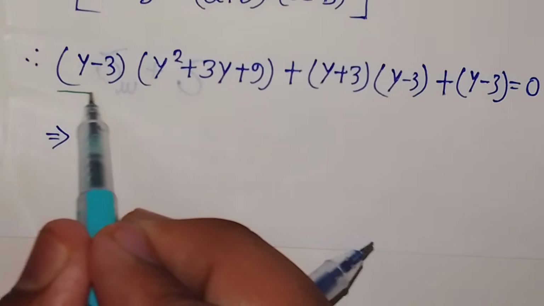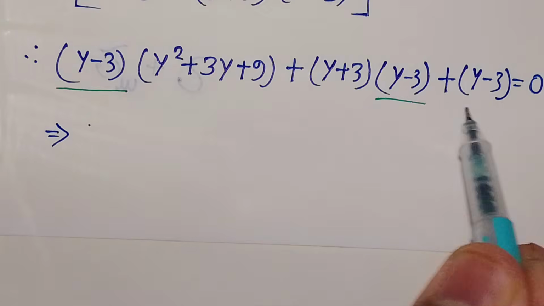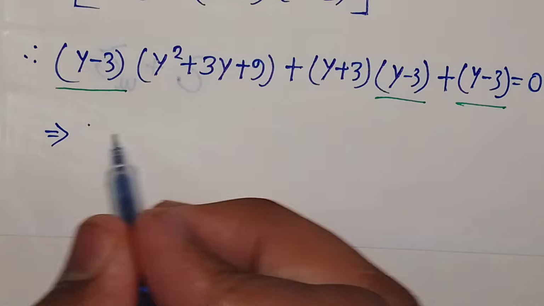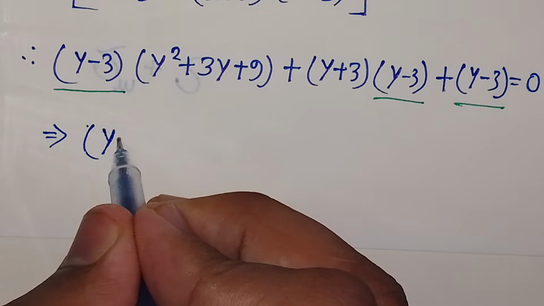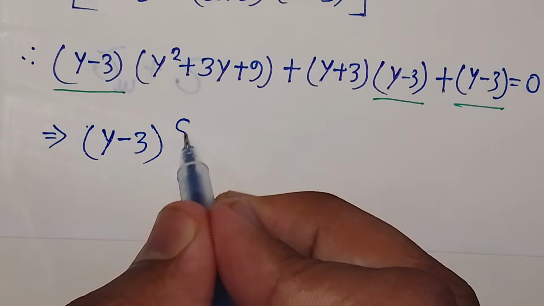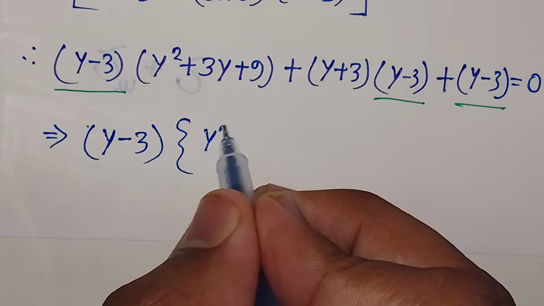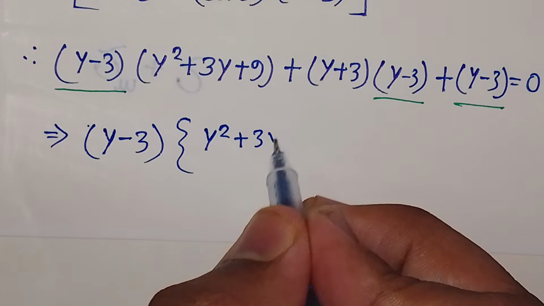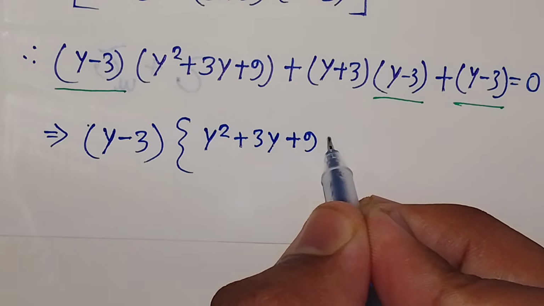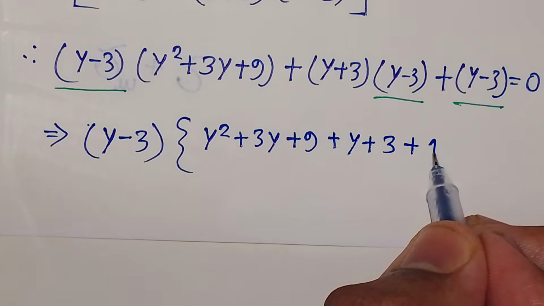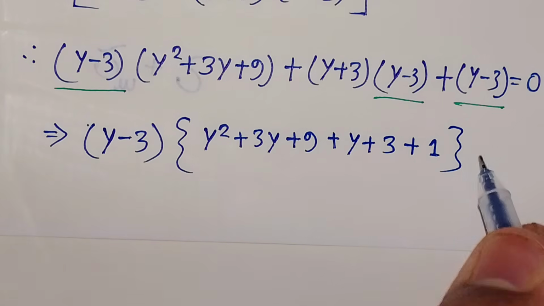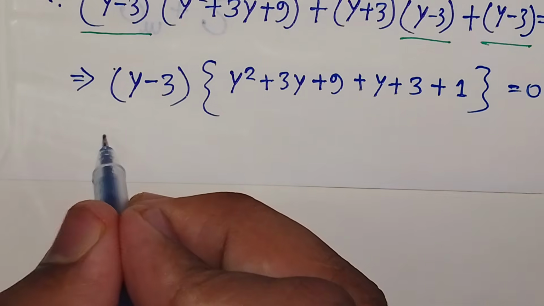Now here y minus 3 is everywhere, so just take it common and write y minus 3 as common, bracket y squared plus 3y plus 9 plus y plus 3 plus 1, second bracket equal to 0.